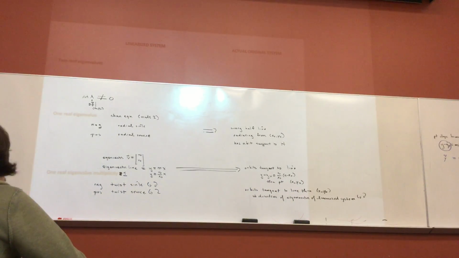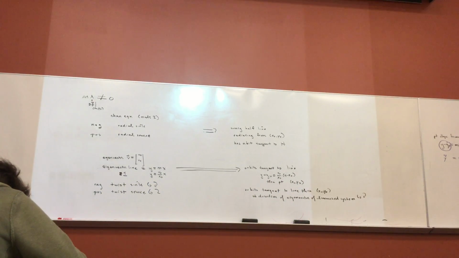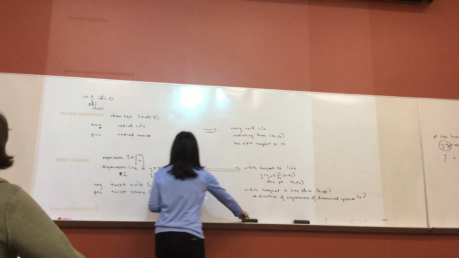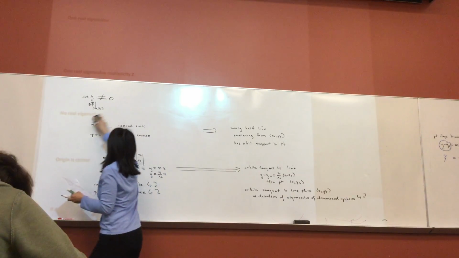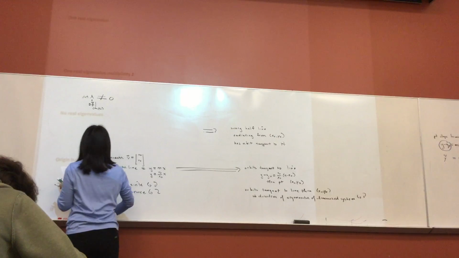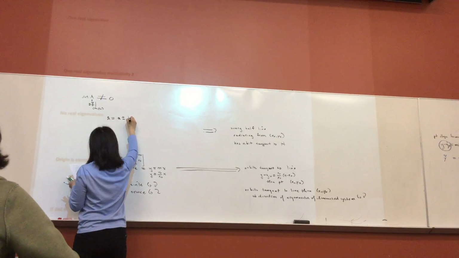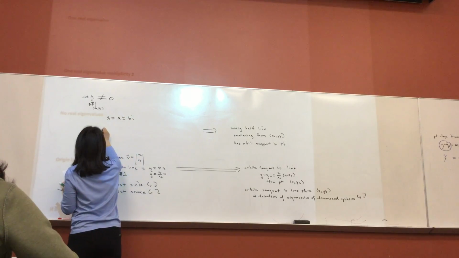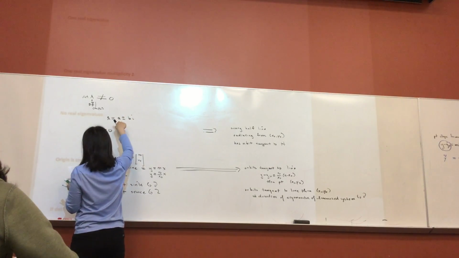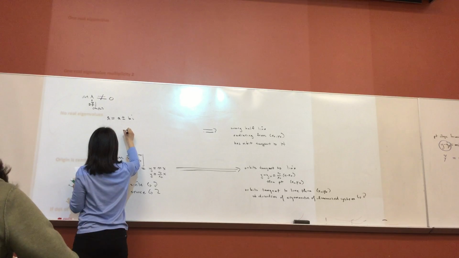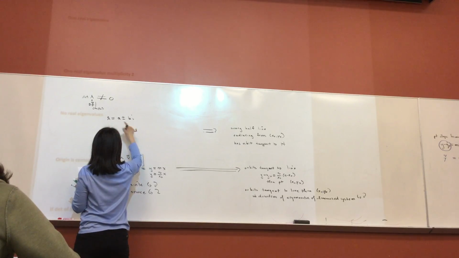If you had no real eigenvalues, remember we had lambda equals a plus or minus bi. As long as a is less than 0, what do you have? Spiral sink.